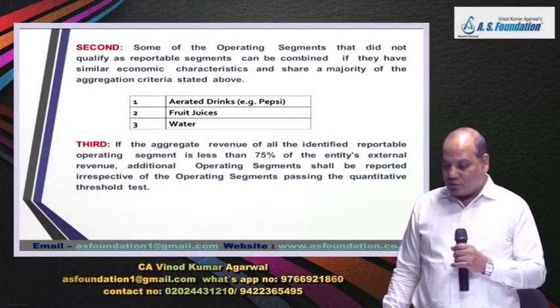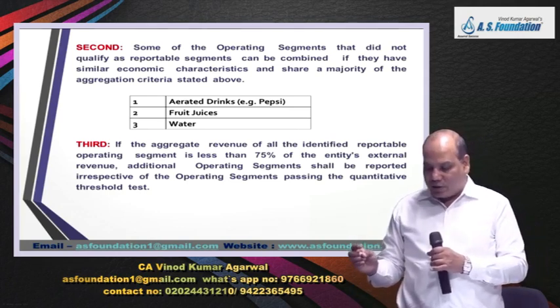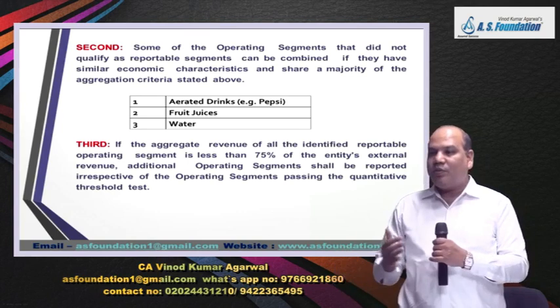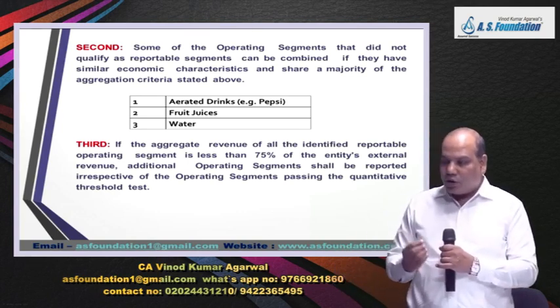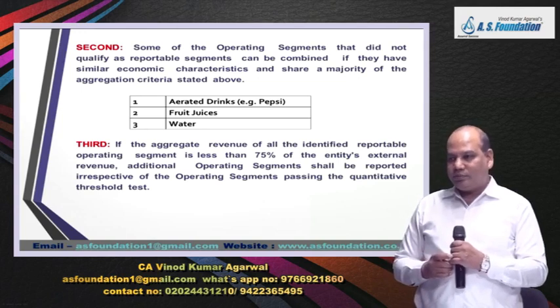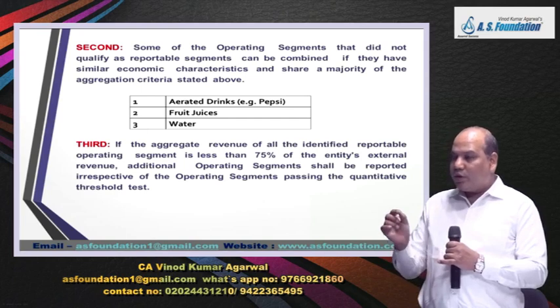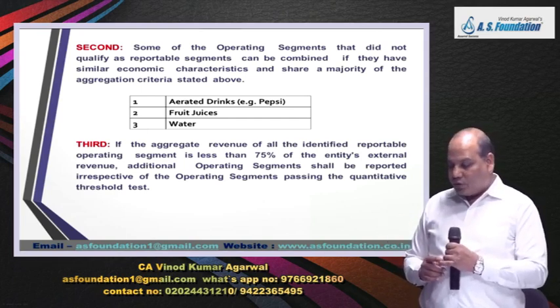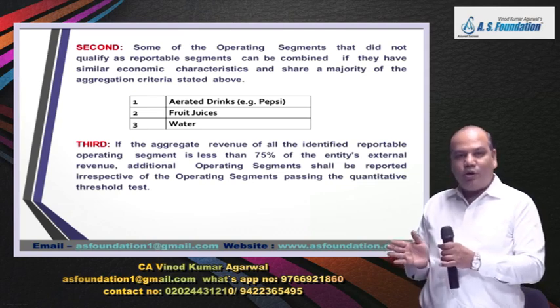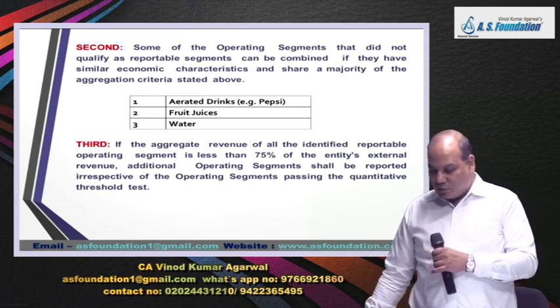Second situation is there may be many small segments which may not meet the 10% criteria, but they have similar economic characteristics and share a majority of the aggregation criteria. So the standard says individually they may not meet that 10% criteria, but together they can.